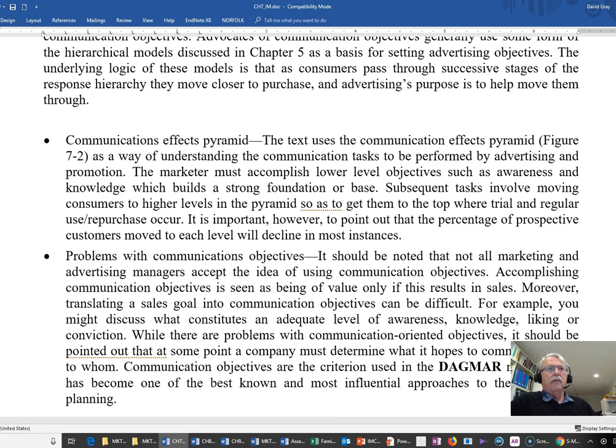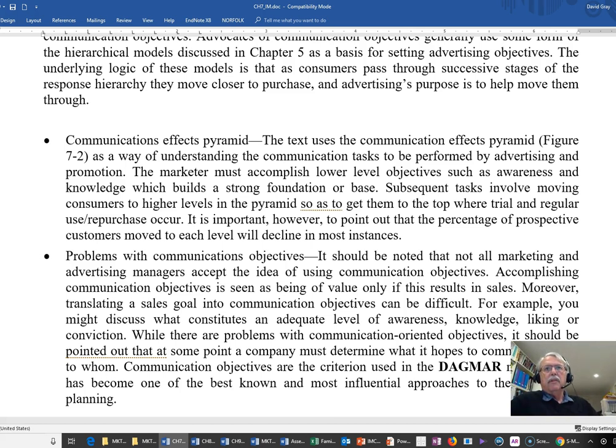So you start off with an awareness level and then work your way through to trial. Now this is outlined in terms of a sales-oriented approach. However, if, for example, your goal in assessment 1 is to look at the impact of the negativity of the Banking Royal Commission on the Commonwealth Bank, then the communications effects pyramid will be different.